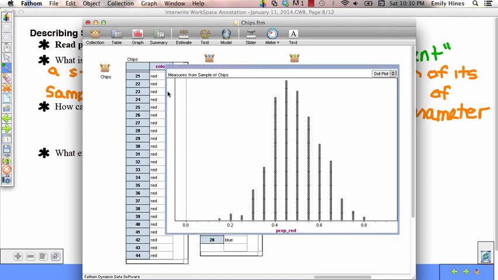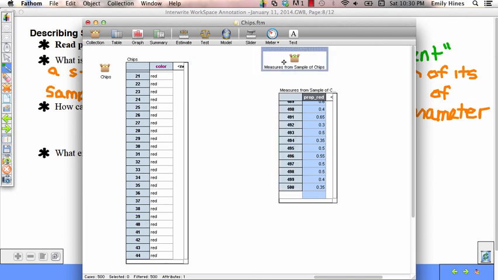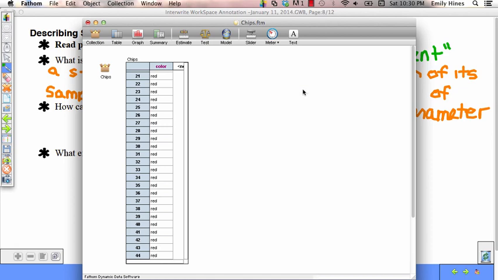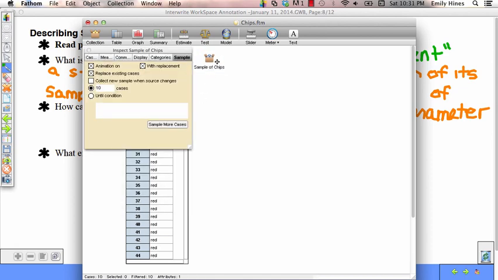So let's go back and let's see if we can do some larger samples here. Let's change this and let's sample some more cases here. But instead of, let's turn the animation off. We don't want replacement because we want it to be a true sample. And instead of 20 like we did last time, let's double that and do 40.